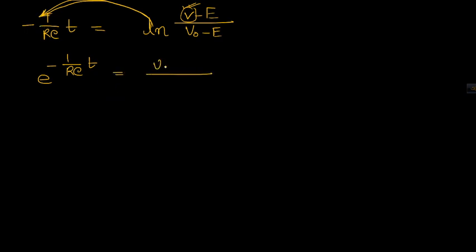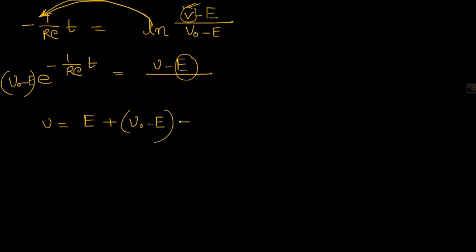Okay, so V minus E equals (V naught minus E) times e to the power minus t by RC, and then place the E to the other side. So we get V equals E plus (V naught minus E) e to the power minus t by RC.